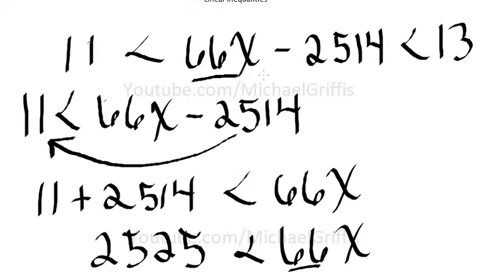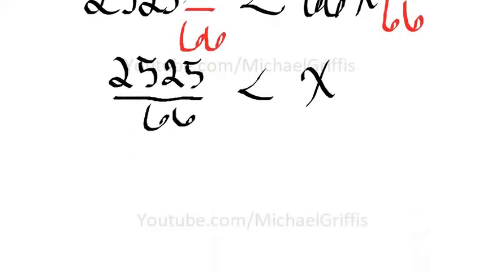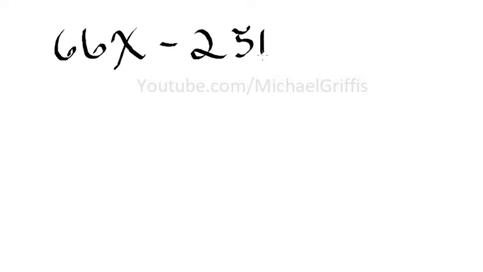Now let's look at this side right here. Okay, and we're going to scroll down, and we'll go ahead and just rewrite that part of the problem up here. 2514 is less than 13, less than 13.